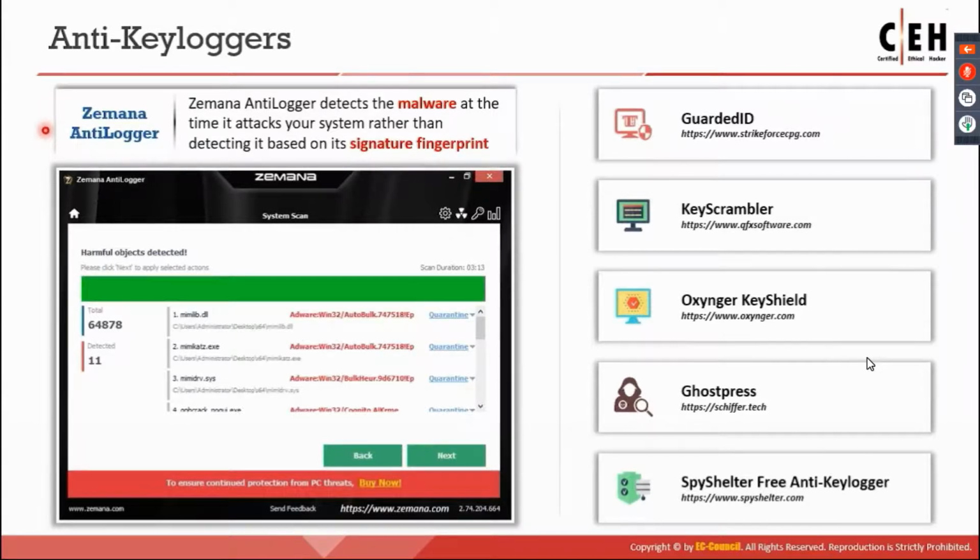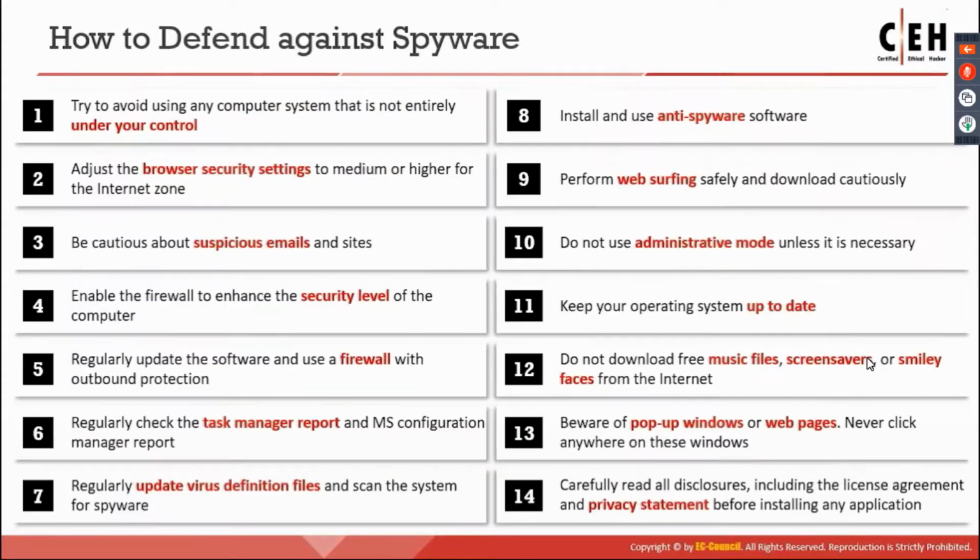There's a 30-day trial. You can download this little guy, run this keylogger detector and see if you actually have keyloggers on your system. It's worth it. There are others too, like GhostPress, KeyScrambler, the SpyShelter free anti-keylogger and others. But if you don't want to install new software on your system, what antivirus are you using?